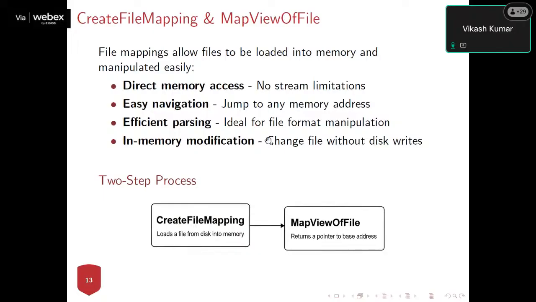Okay. Now this is what I was talking about, the create mapping and map view of file. If we talk about create mapping, this loads a file from disk to memory. Load file means it is not physically copying the file into memory, rather it will create a virtual map of the file rather than bringing the file into the main memory.